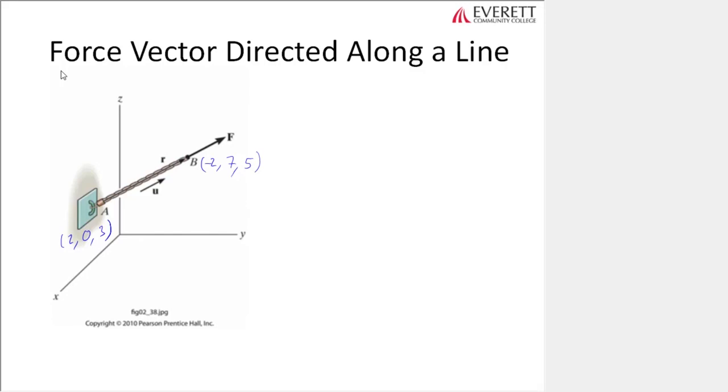Okay? But now we need to find the position vector from A to B, -2 minus 2 i, plus 7 minus 0 j, plus 5 minus 3 k. And my units, well, I have to choose what the units are for this link.